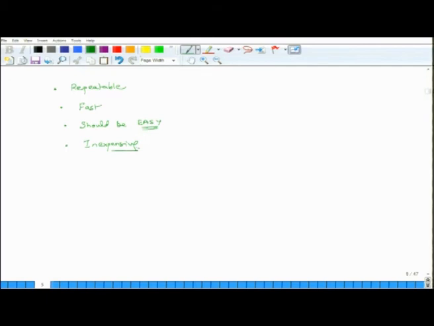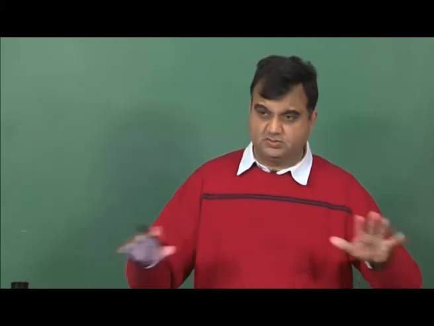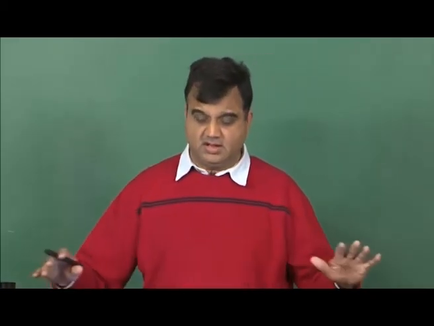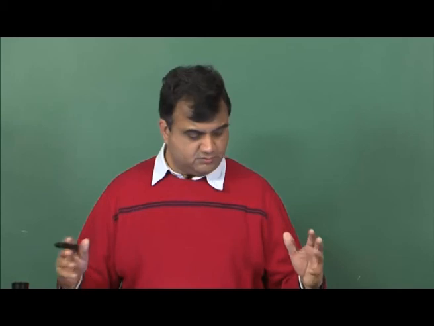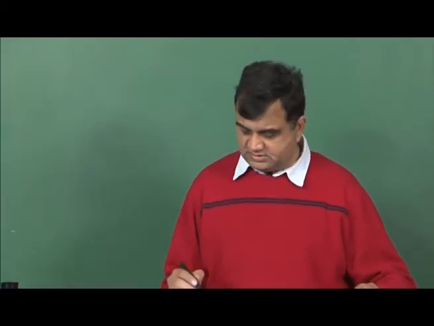The last thing is that the surface finish should be of high quality. You do not want to see fibers or rough surfaces on composite structures. You want them to be smooth, nice looking, and they should be aesthetically appealing and smooth surfaces.